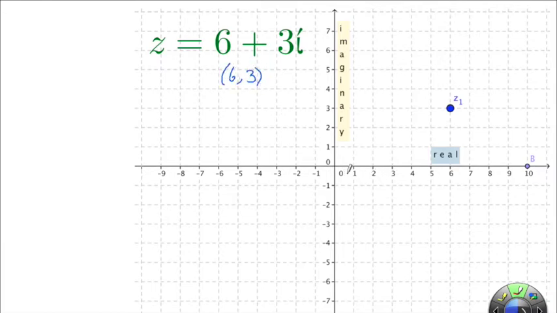So you'd go 6 along the real axis and then 3 along the imaginary axis. And this coordinate right here represents 6 plus 3i. It's kind of a cool thing. And we can move this anywhere we want in this coordinate plane, and each one of the points would represent a complex number.